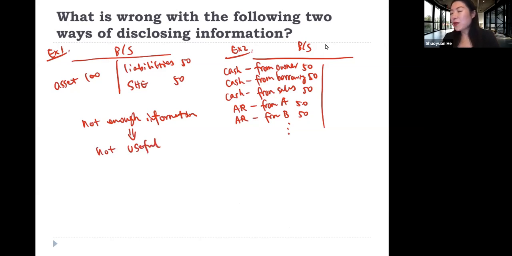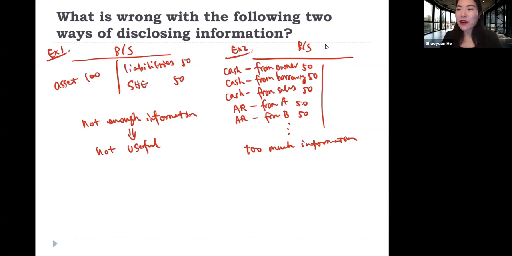And how about the second way of making a balance sheet? There's too much information in this balance sheet. So as an investor, I only need to know that your firm has cash 150. Do I need to know where this cash is from? I probably don't need to know that, right?